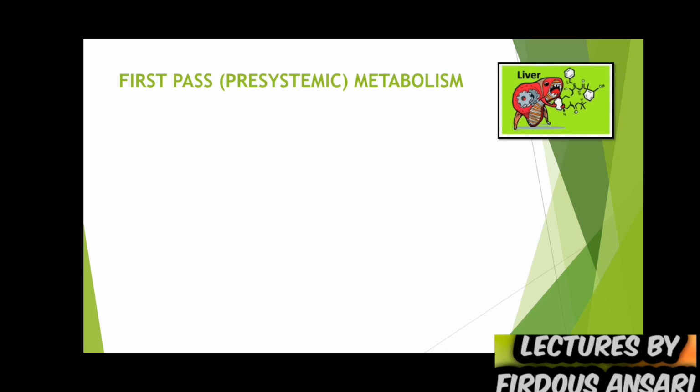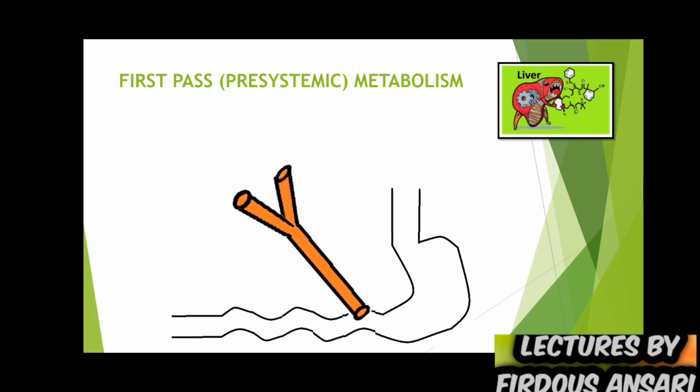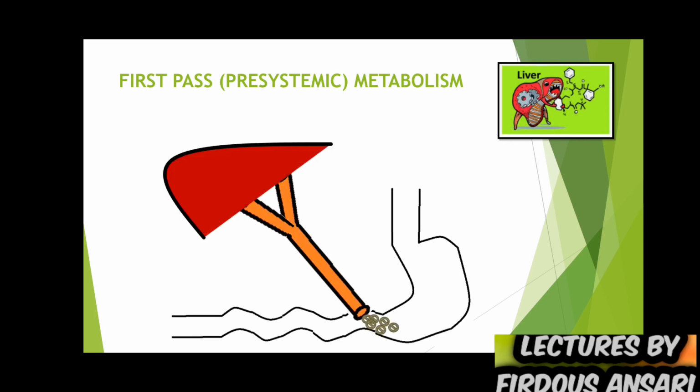Next, the last topic of our metabolism is the first pass metabolism, also known as the pre-systemic metabolism. I know you people know this very well, but again we should revise it. This mainly refers to the metabolism of the drug during its passage from the site of absorption into the systemic circulation.